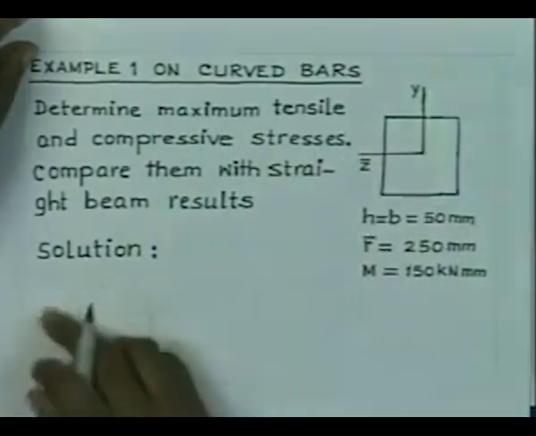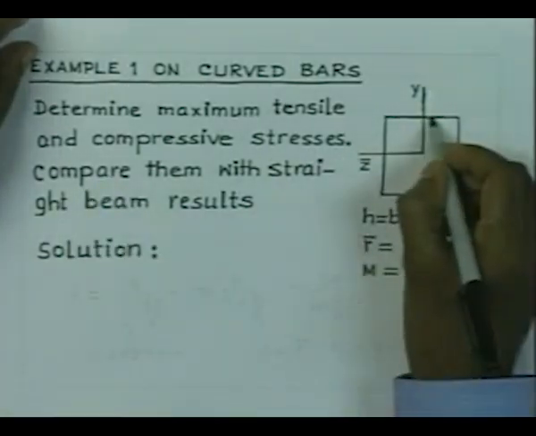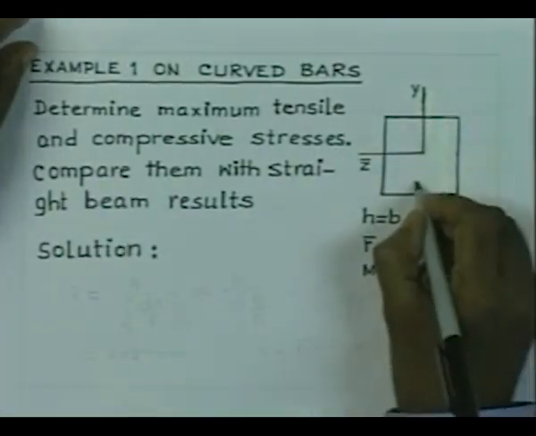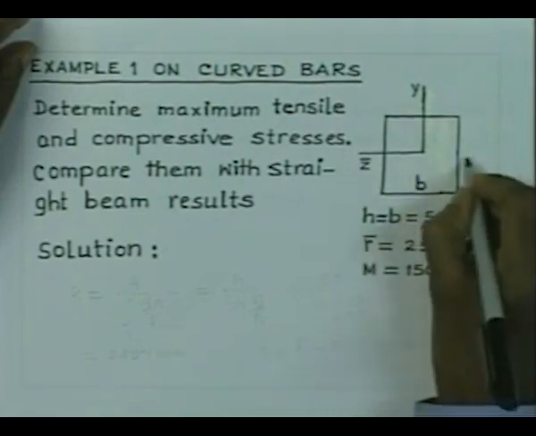Let us now try to solve some problem and see what is going to be the stresses in a rectangular cross section under the action of bending when the member is curved, and how these stresses are different from the stresses in a straight beam. So, we will consider one example on curved bars where the cross section is given with the width b equal to height.